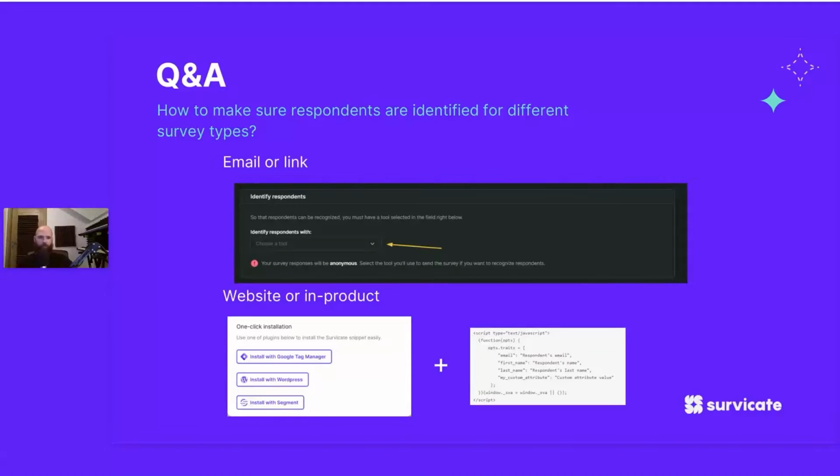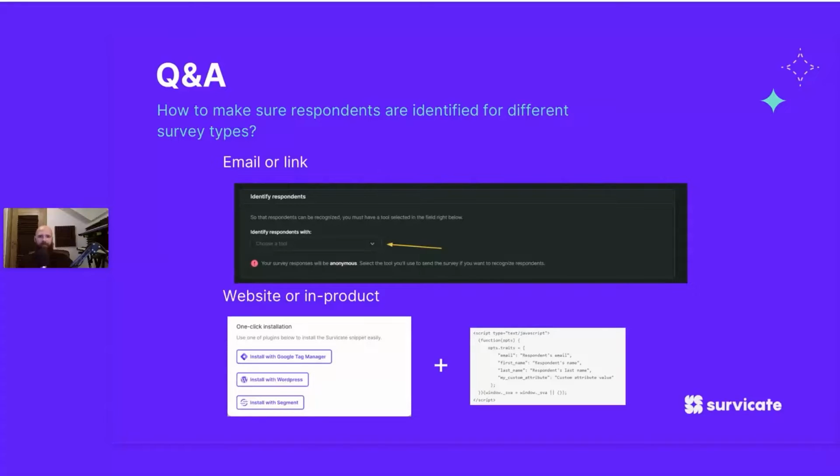So make sure to include your distribution tool in there. You'll find tools like HubSpot, MailChimp, Klaviyo, all the classics. Of course, what customer data will be passed with your survey results will depend on the tool that you're connecting Survicate with. Additionally, if we don't support your favorite distribution tool, you can always edit the survey link to recognize respondents using merge tags. I'll talk about that in a little bit as well.